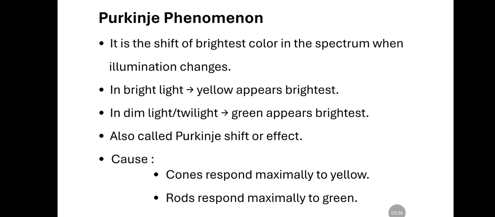Also called the Purkinje shift or Purkinje effect. Cause: cones respond maximally to yellow, rods respond maximally to green.